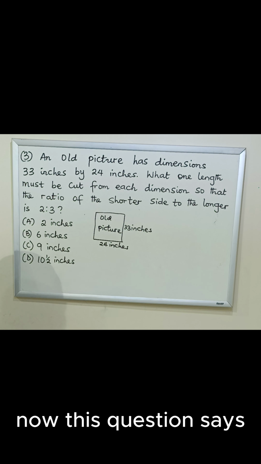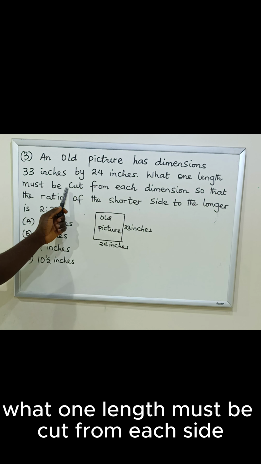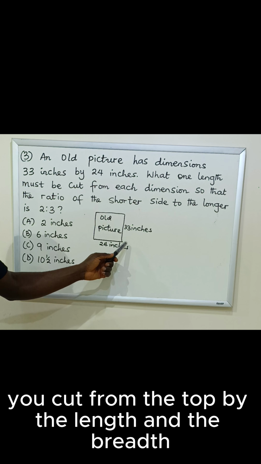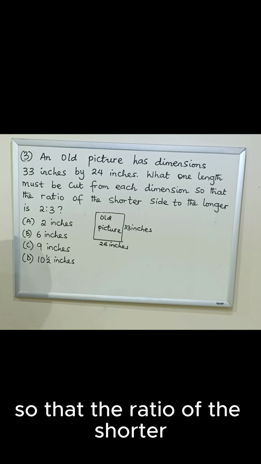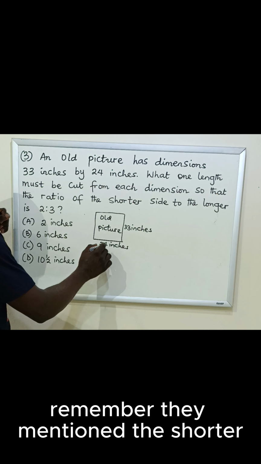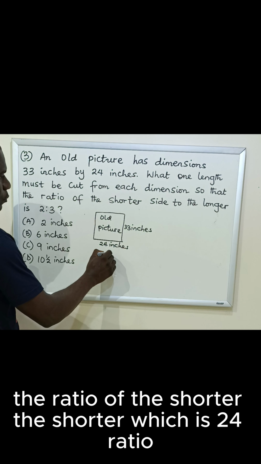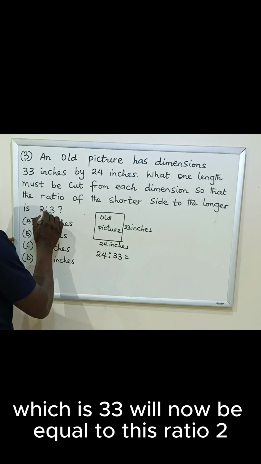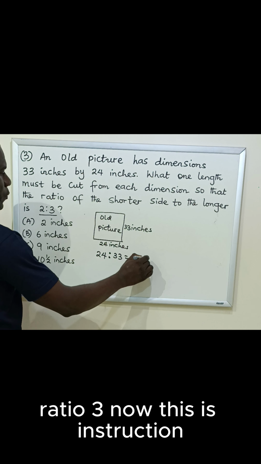Now this question says, what one length must be cut from each side? You cut from the length and the breadth so that the ratio of the shorter, which is 24, to the longer, which is 33, will now be equal to 2:3.